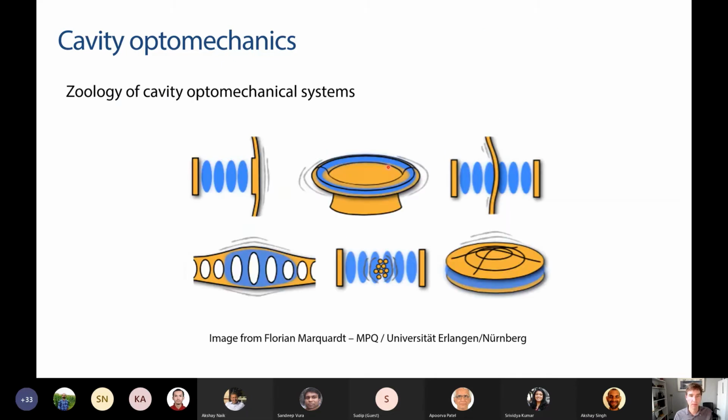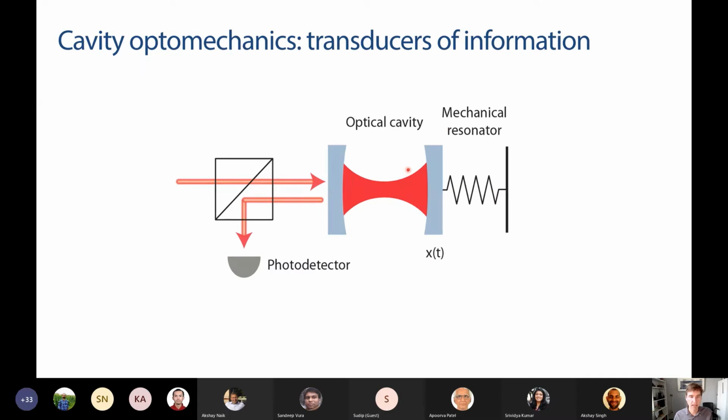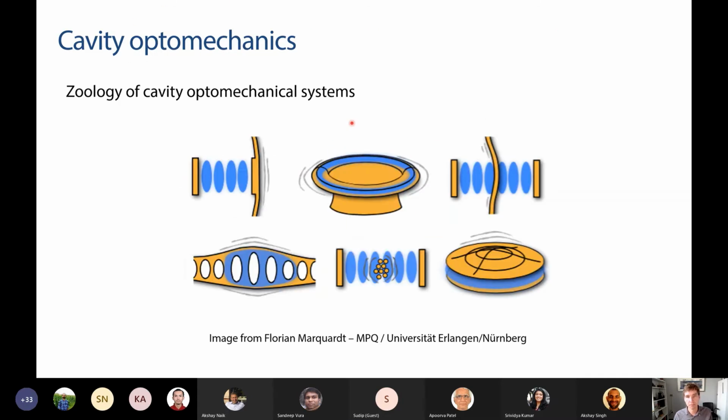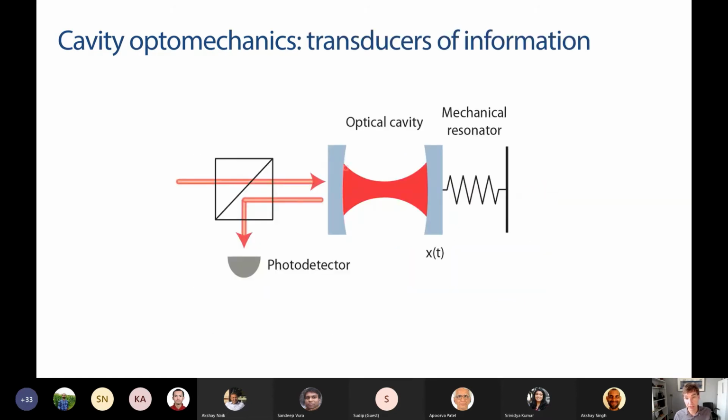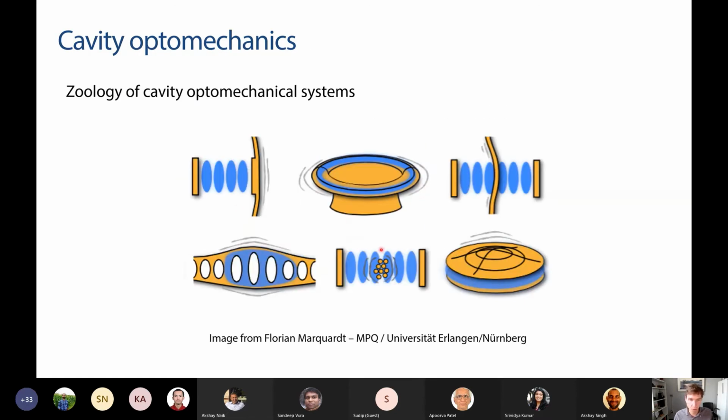Okay, so in my lab, though, and in many other labs in the world that have been studying this field of cavity optomechanics over the last decade, the cavities don't necessarily look just like two mirrors, but rather have a wide range of different geometries. So these are illustrated here in this nice image from the Marquardt group. Basically, you could create a cavity which isn't so different from two mirrors, but is created by a membrane and a mirror.